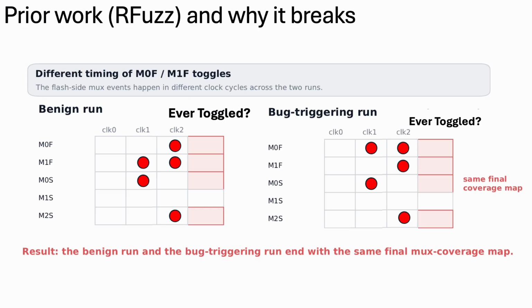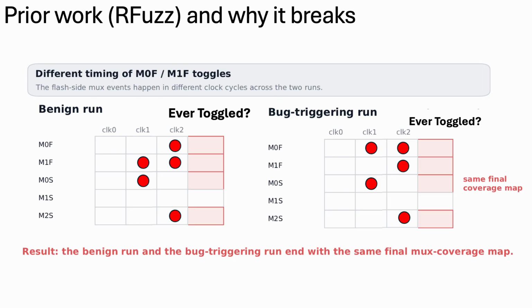So if we look back at that natural approach we talked about before to treat hardware more like software, which is how the prior work Fuzz decided to treat hardware coverage, you can see the issue in this example where in either the benign run or the bug triggering run, the exact same toggles occur to the various multiplexers, and therefore it can't distinguish between the benign run and the bug triggering run.